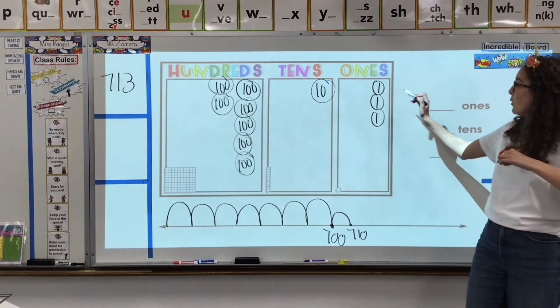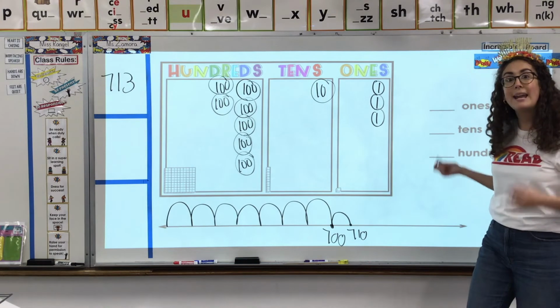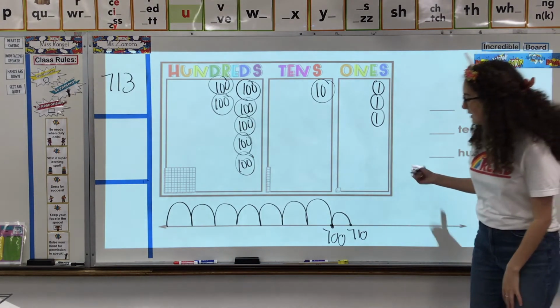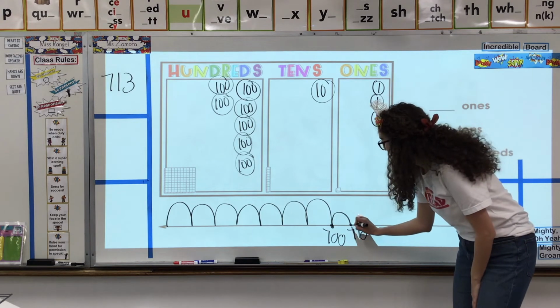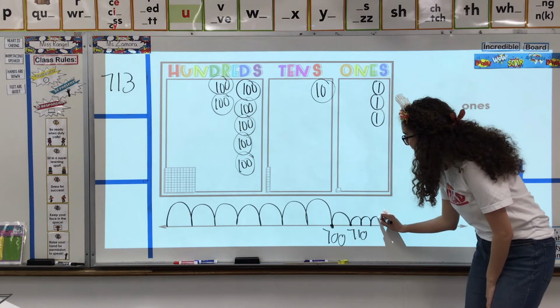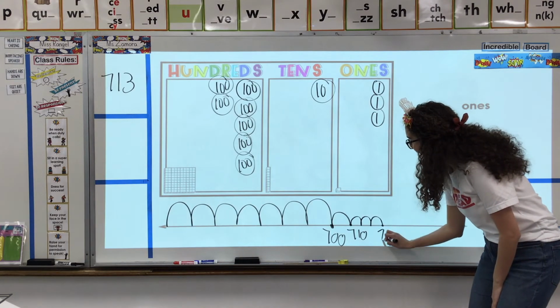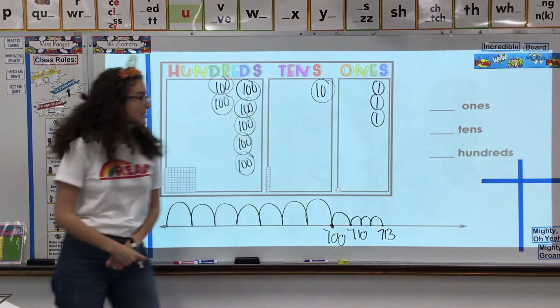Smaller, because our ones are our smallest unit. So let's go ahead and add 3 ones. Can you count with me? We're at 710, 711, 712, 713. There we go, our last stop.